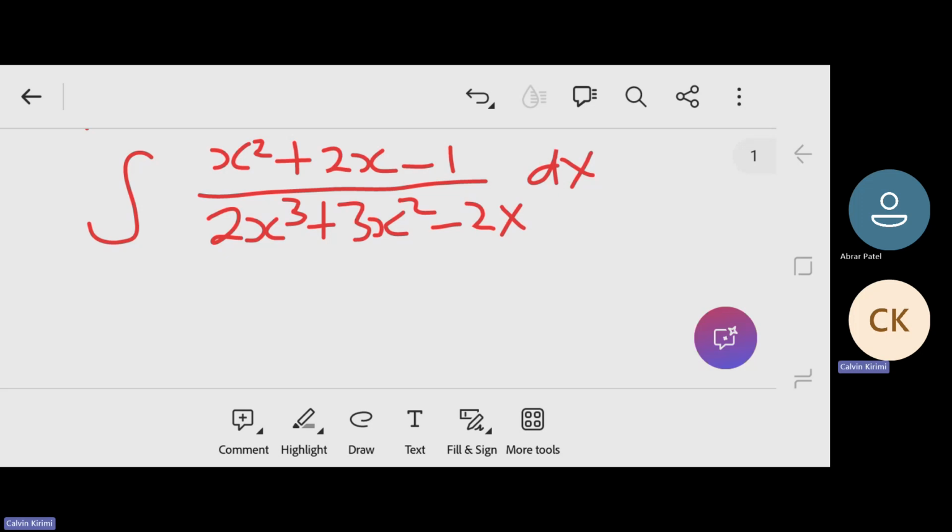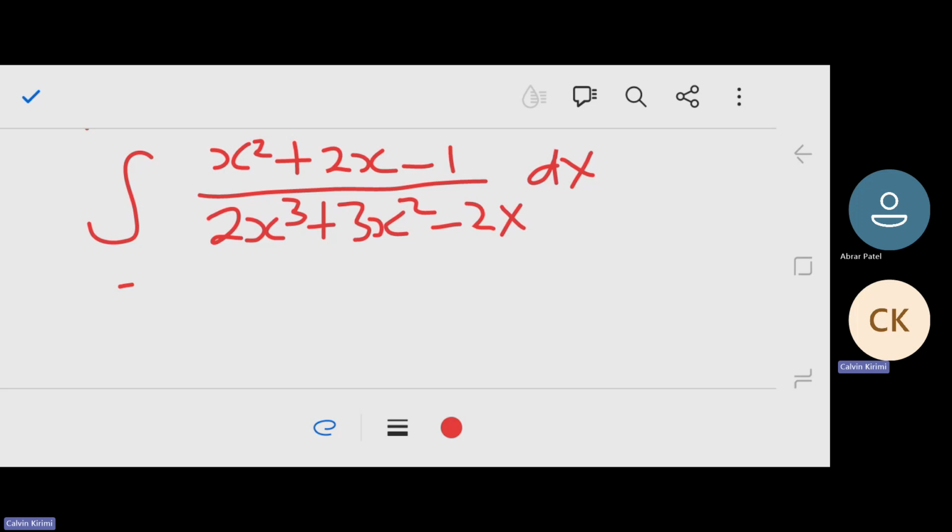So in other words, we are going to say x squared plus 2x minus 1 is the same as what? Then you factor out a common factor on the denominator. There we can see that x is common, so I factor out x, then I open a bracket.